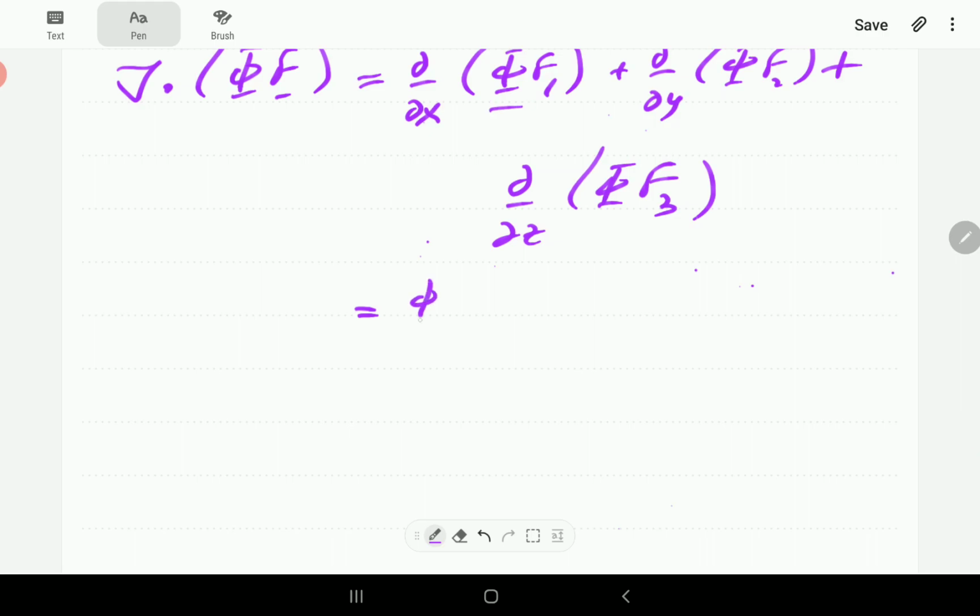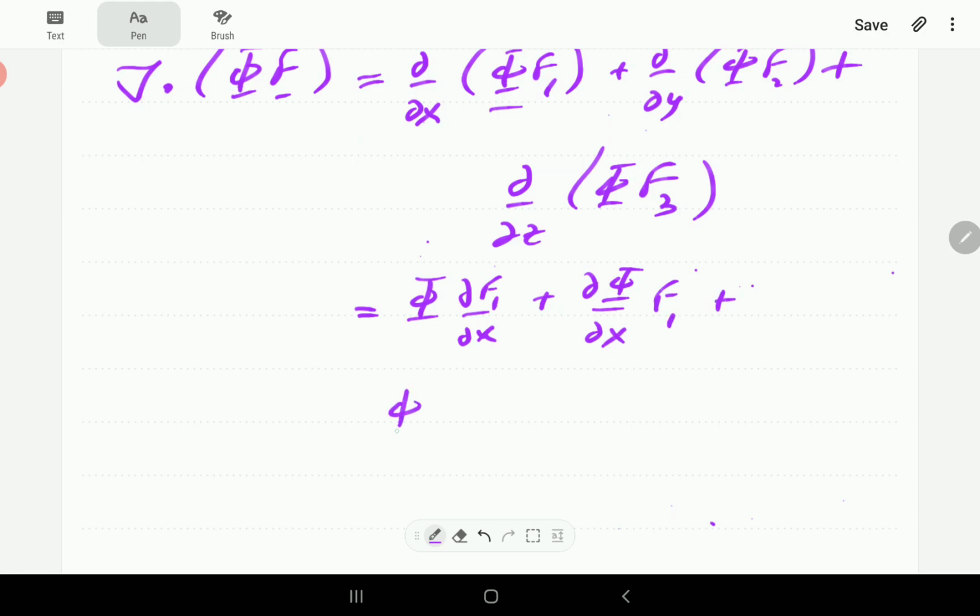So the first term is going to be phi times the x derivative of f1, and then the second term is going to be the x derivative of phi times f1.